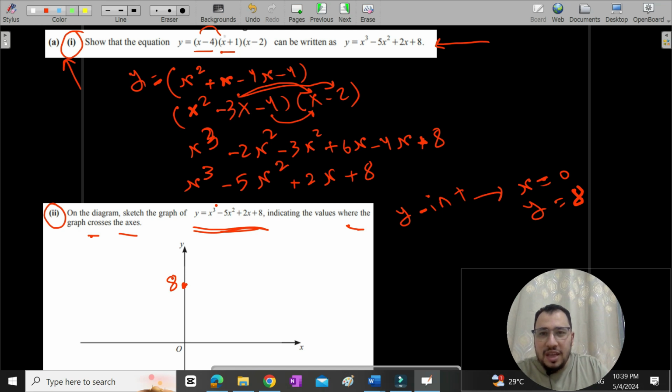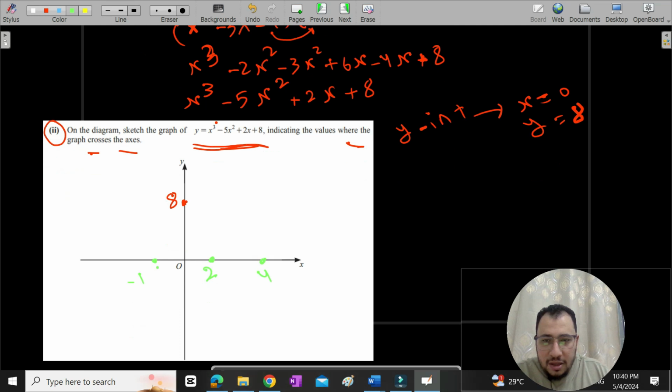That means each factor here gives your intersection with the x-axis. So x here equals 4, x here equals -1, and x here equals +2. So I have +2, I have +4, so this is 2 and this is 4, and also I have -1, so that is here on the negative side.